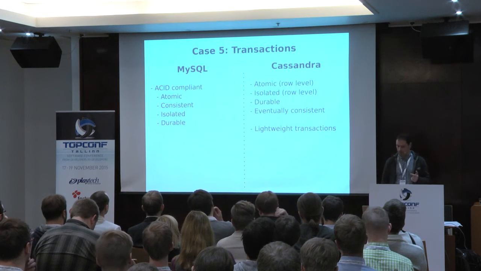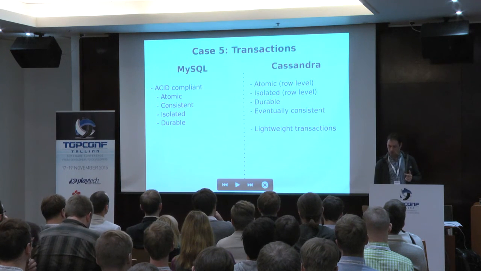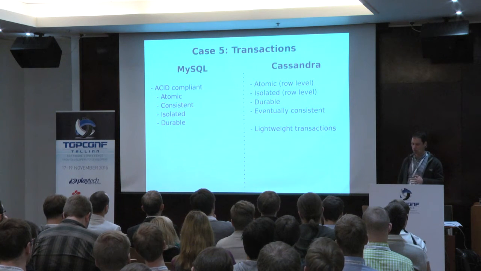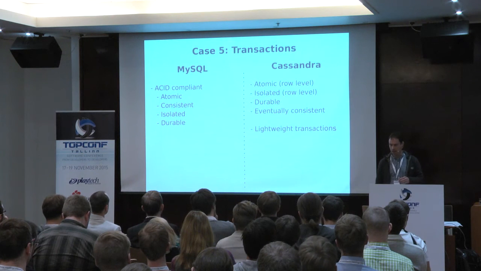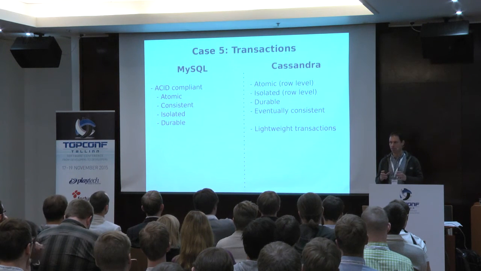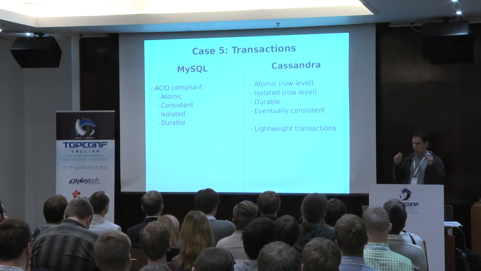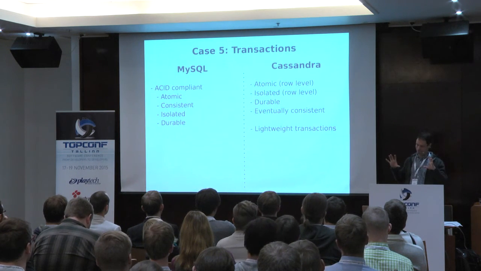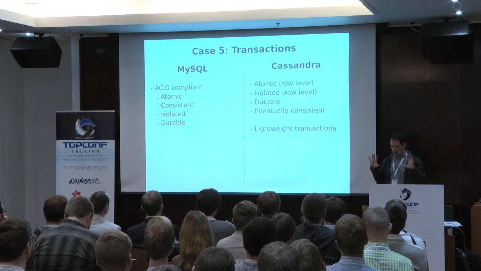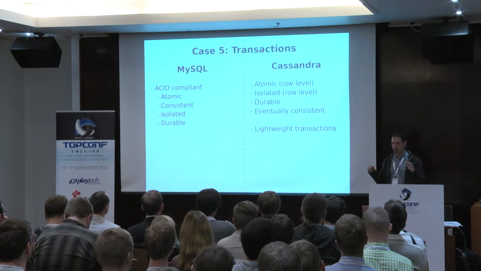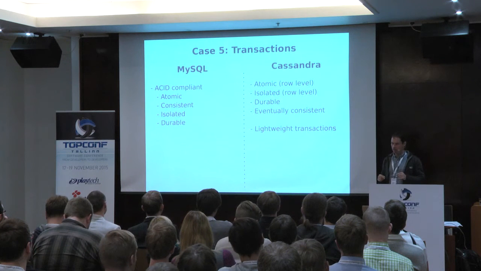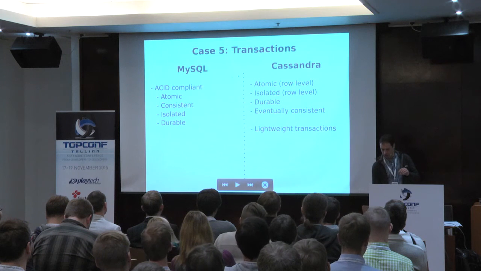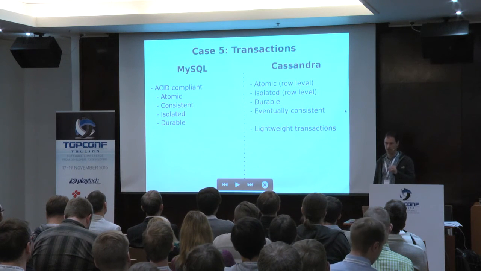On the other hand, Cassandra cannot completely fulfill ACID requirements, and mostly Cassandra works well with one-record updates, and one-record updates basically work well with transactions. I won't go deeper into the details, it's just so-called eventually consistent.